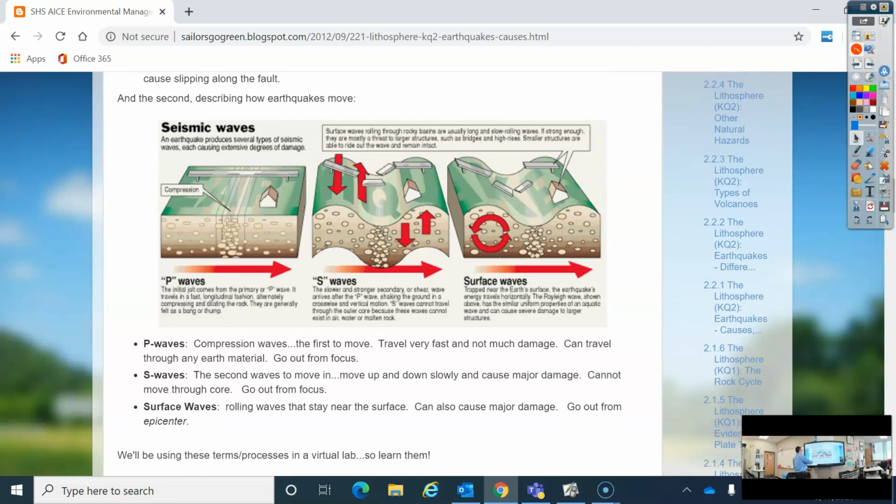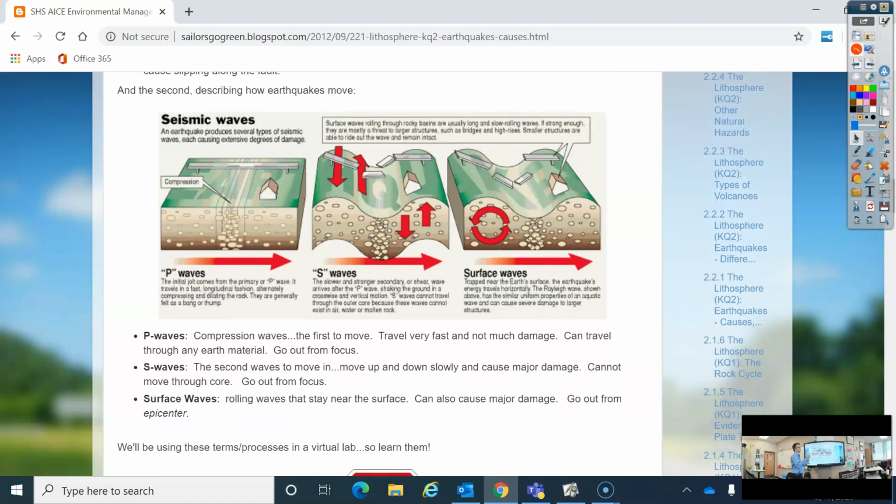What happens after that is that the second type of wave that follows it is now, instead of a compression wave, moving up and down in that S pattern, and it's called an S wave. So it moves up and down, causing major damage. It cannot move through the core, so when we send these through the Earth, they can't move through the core, and they go out from the focus as well. So these ones emanate at the focus, and they cause major damage.